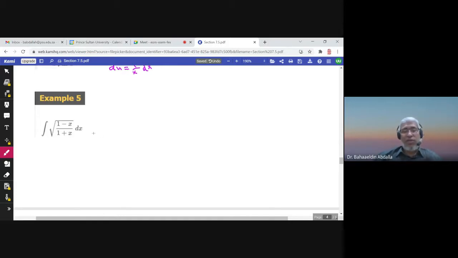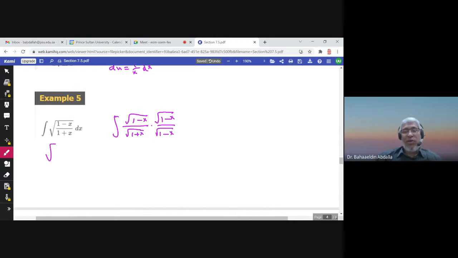What can you do in this integral? Well, if you want, you can take the square root equal to u, but it would be somehow long. But if you just multiply, because the square root of 1 minus x over square root of 1 plus x, you can multiply by square root of 1 minus x over square root of 1 minus x.